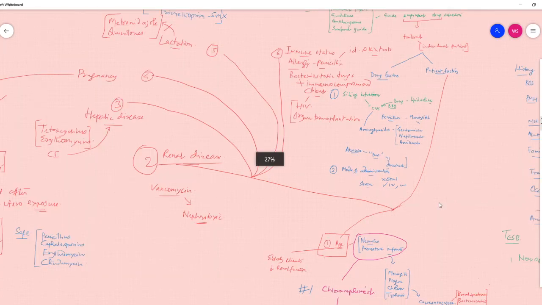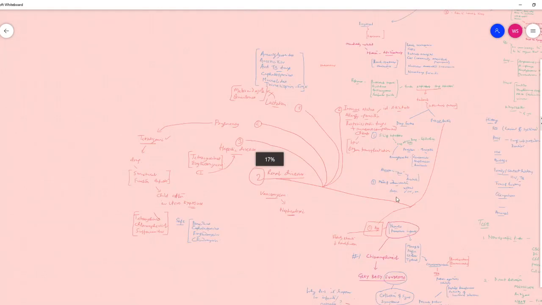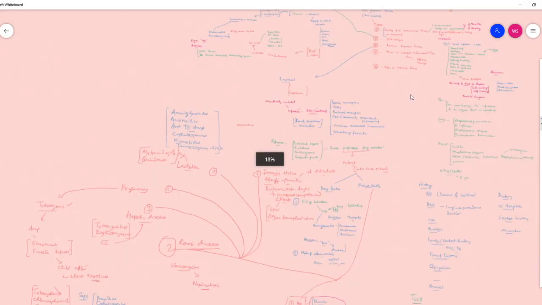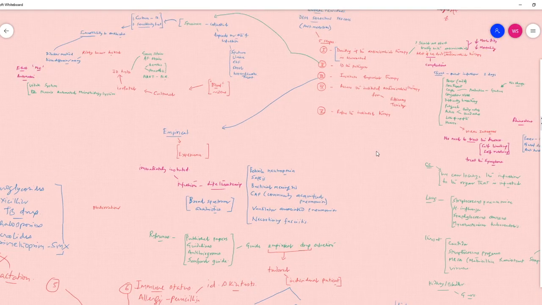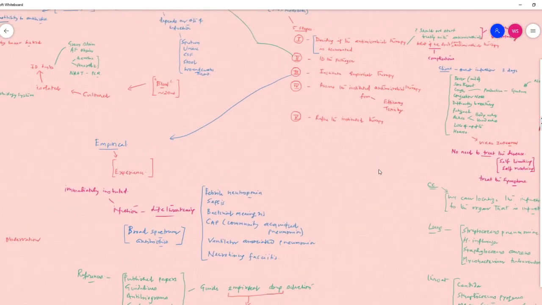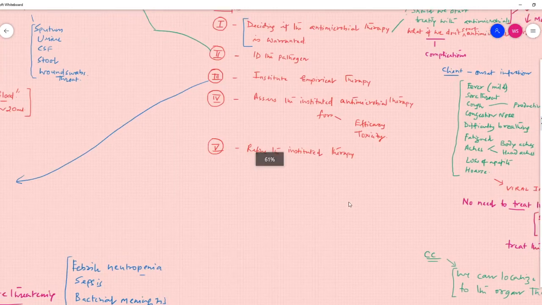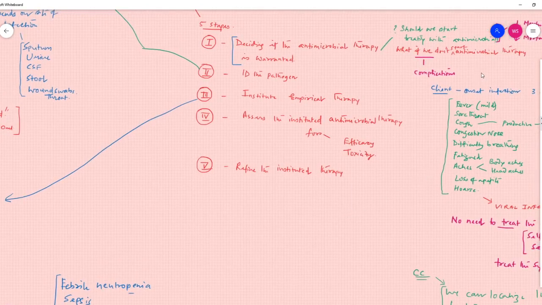Okay, so where are we in our scheme? We have basically talked about 3 aspects. We are talking about how to select a drug. What are the general principles in selecting a drug for antimicrobial chemotherapy? Based on all these factors, we select a drug for empirical therapy.